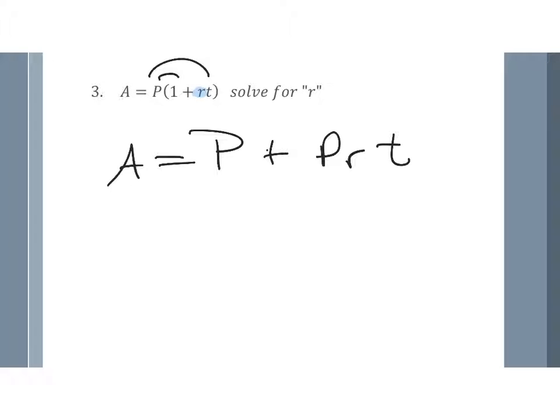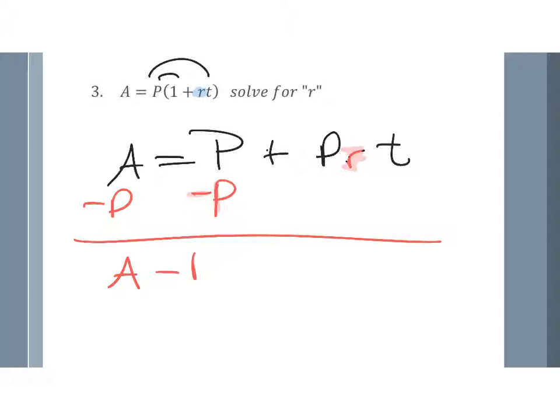Again, remember, we're solving for r, so I need to move everything away from it. So the first thing I'm going to do is subtract this capital P. And then I get a minus p, because they're not like terms, so just write it as a minus p. And then you're left with the PRT. And again, we want to get r all by itself, and it's being multiplied.